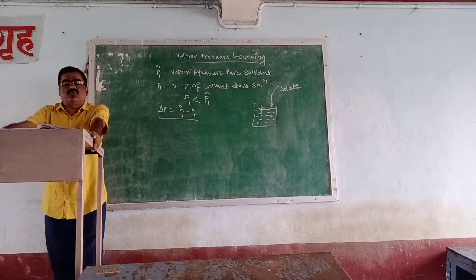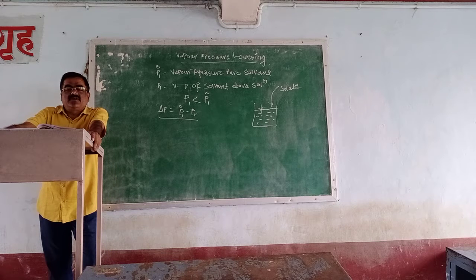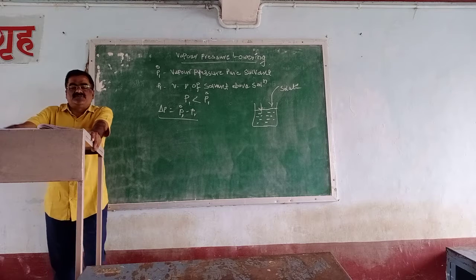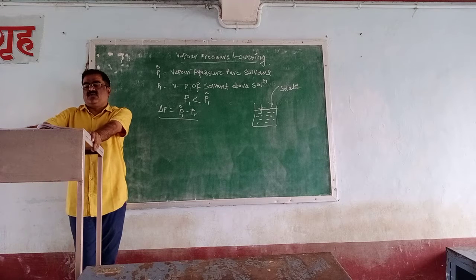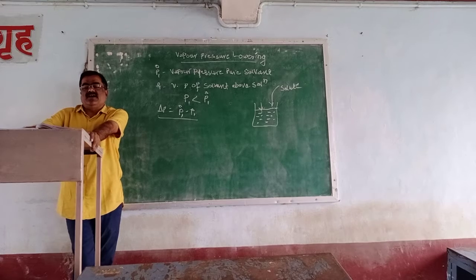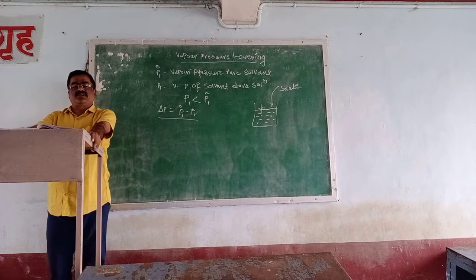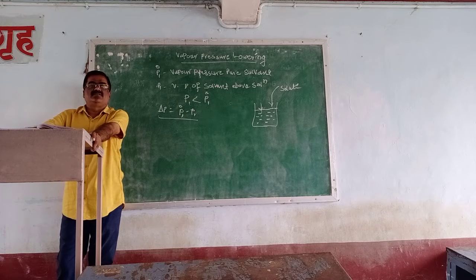Thus the number of solvent molecules available for vaporization per unit surface area of the solution is less than the number at the surface of pure solvent. As a result, the solvent molecules at the surface of the solution vaporize at a lower rate than the pure solvent.